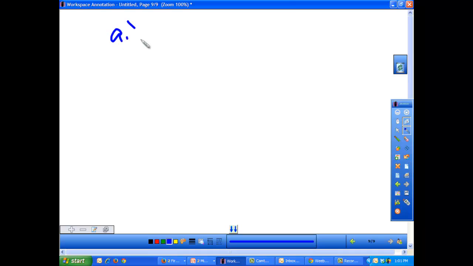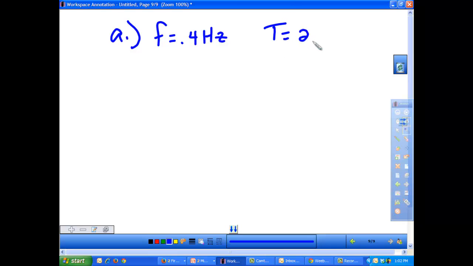So for this one, for part A, your frequency is 0.4 hertz. If you found the period is 2.5 seconds, there you go. For part B, they wanted to know when the max speed was, when is it, and what is it.